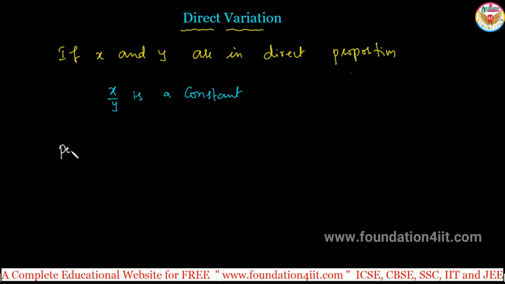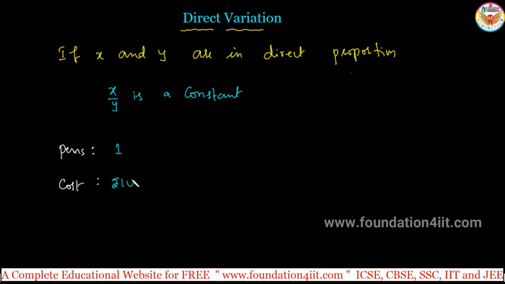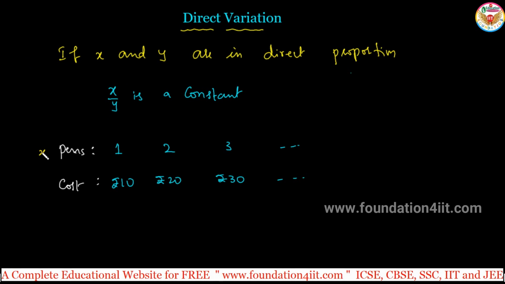As we checked, pens and cost. Pen is one quantity and their cost is the second quantity. Here one pen costs rupees 10, then two pens cost rupees 20, and three pens cost rupees 30, and so on. The value will increase. Here is x divided by y, where this is the x quantity and this is y. X divided by y is constant always.